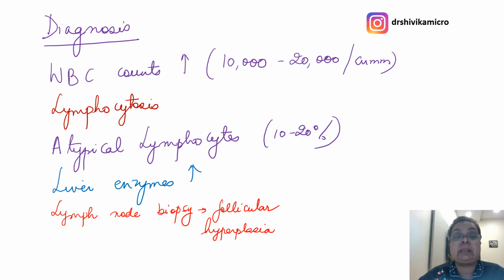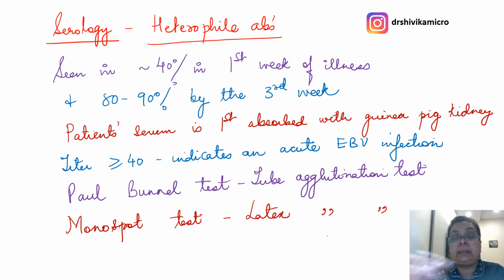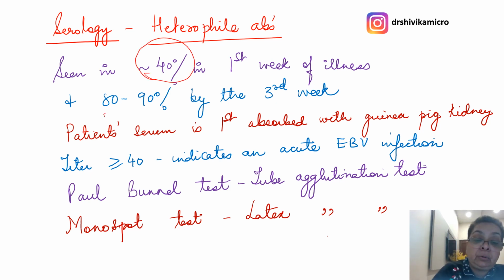Now, diagnosis is primarily done by serological tests, and the first serological test is the heterophile antibodies, which appear against sheep, horse, and ox RBCs. These are seen in about 40% in the first week of illness, but in 80 to 90% by the third week of illness.